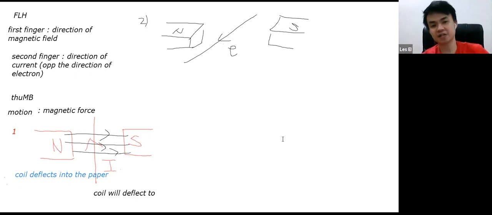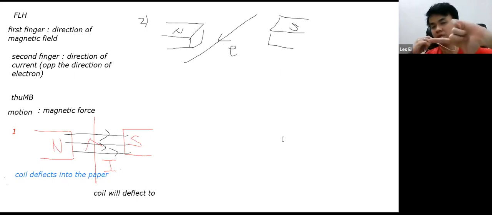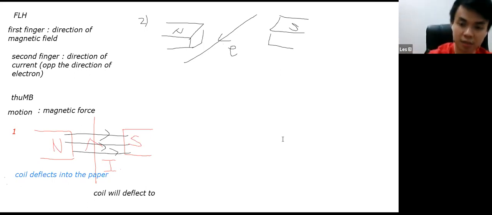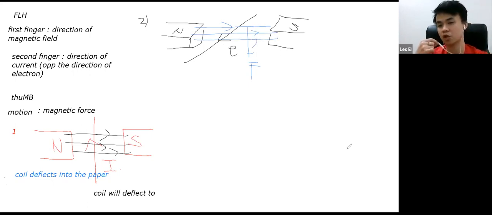The first finger is to the right also. Your palm in this case has to face into your computer screen, because it should oppose the electron flow. Where will your thumb be pointing? If you did it right, your thumb is pointing downwards. So the wire will deflect downwards, not outward. I repeat, this one is downward.